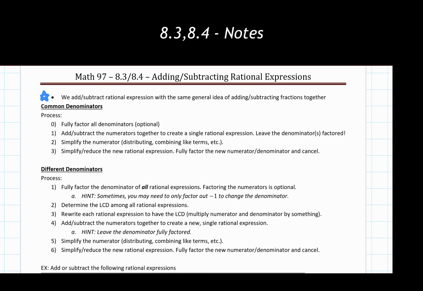And what I mean by fractions is something like 1/2 plus 1/3, or 2/3 plus 3/4, or 5/7 minus 1/6. All of our previously learned rules for adding and subtracting fractions still apply here, but we now have more complex and admittedly grosser looking expressions that we are working with.